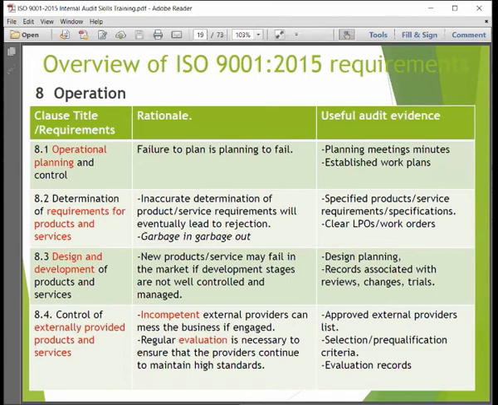On one side we are looking at what the requirement says, the rationale, and the useful audit evidence. So 8.1, operational planning and control. There is a general requirement to do with operations, and the operations here is what you do: that mission, how to fulfill that product, the offering of that product that you're doing, not just the operations department that we have here.